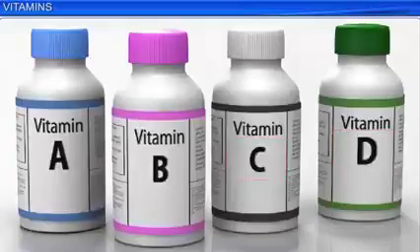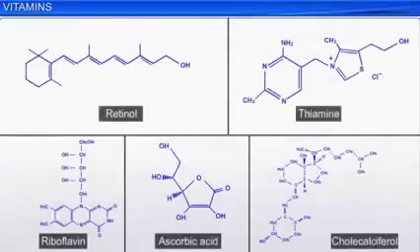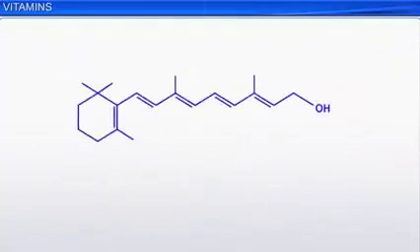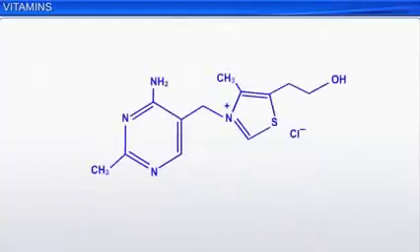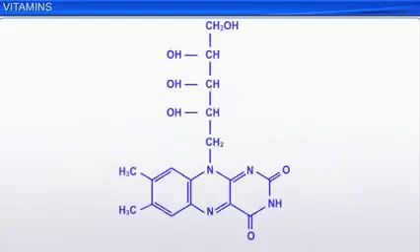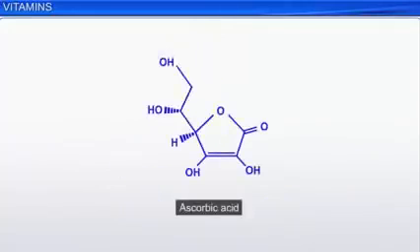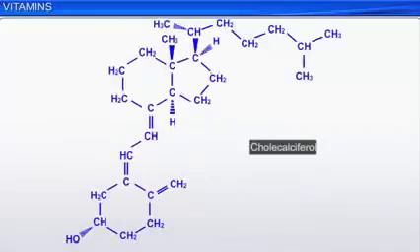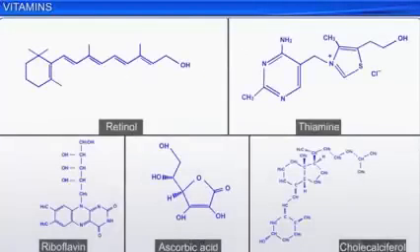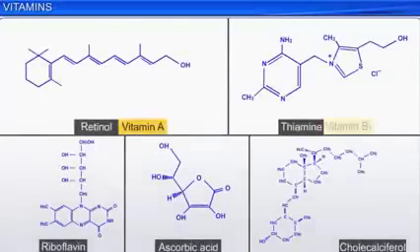Later, the chemical nature of vitamins was established, and now they are referred to by their chemical names, such as retinol, thiamine, riboflavin, ascorbic acid, cholecalciferol, and so on. However, the vitamins are now referred to by their alphabetical nomenclature also.